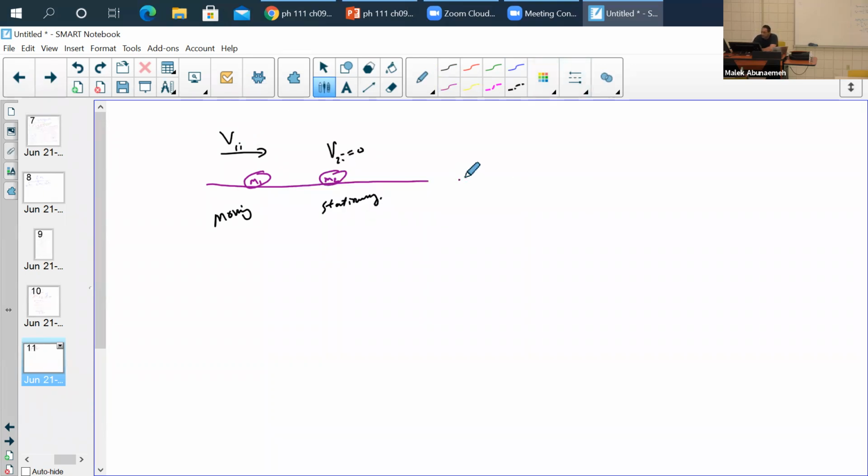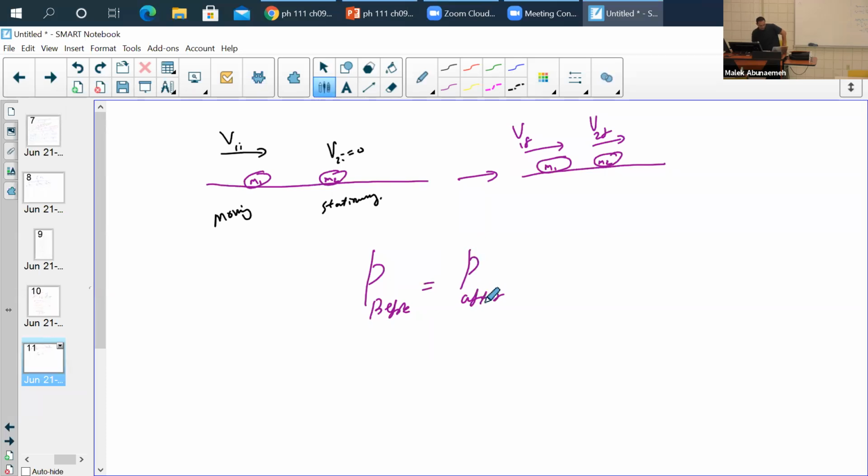Now, you probably play billiards. What's going to happen when you hit the balls? Well, M1 is going to have a final velocity, and M2 is going to move with a final velocity. Now, from the law of conservation of momentum, your momentum before is going to have to equal your momentum after.